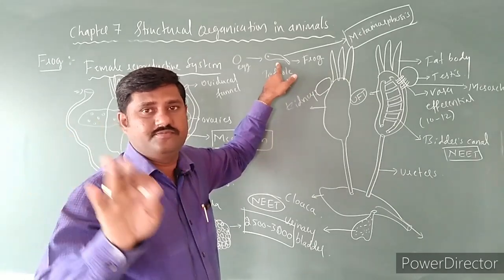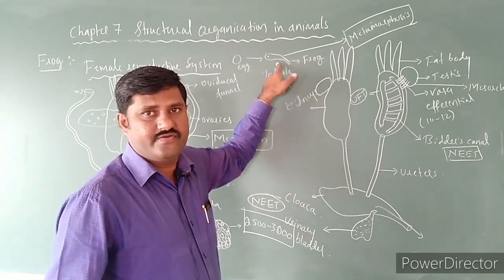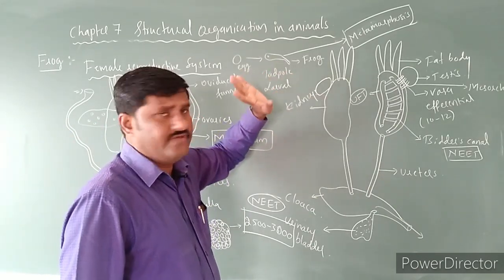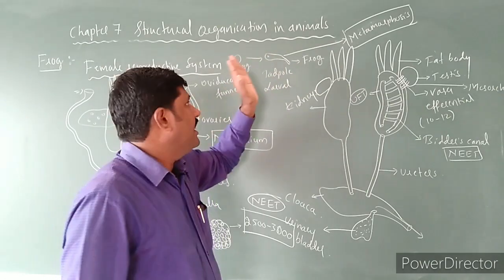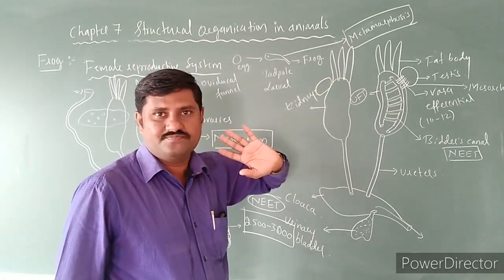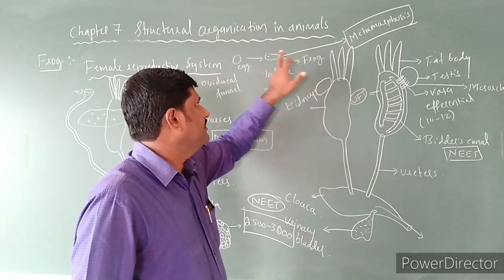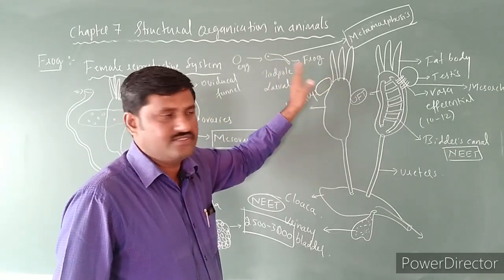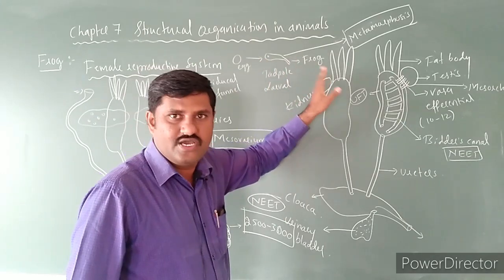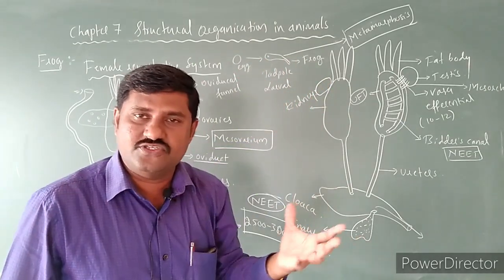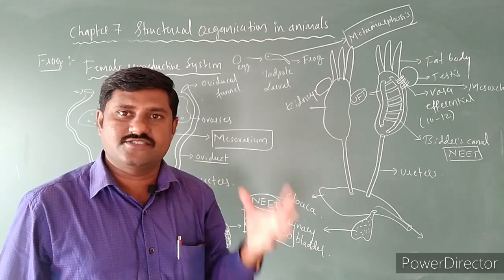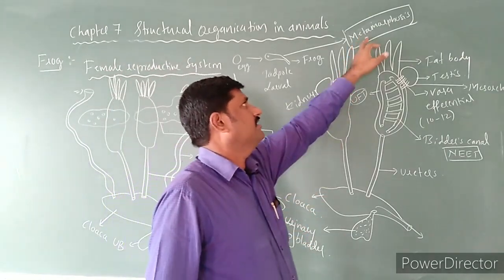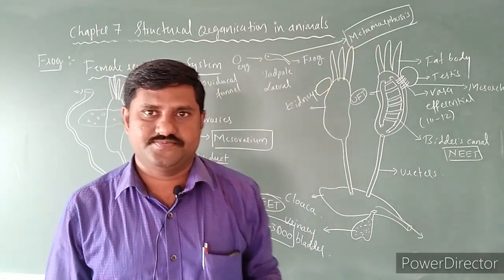It doesn't have any limbs, it doesn't have any well-developed organs. Very simple structure it has. And this becomes the adult frog. Whatever physical changes we come across from larval stage to adult stage, all those morphological changes together are called metamorphosis.